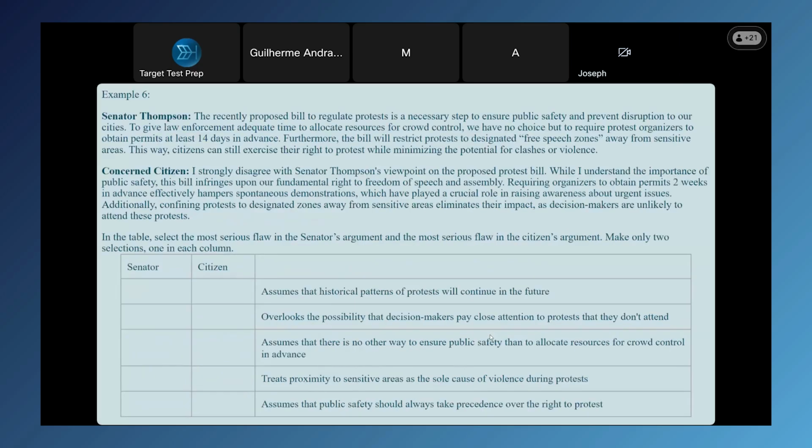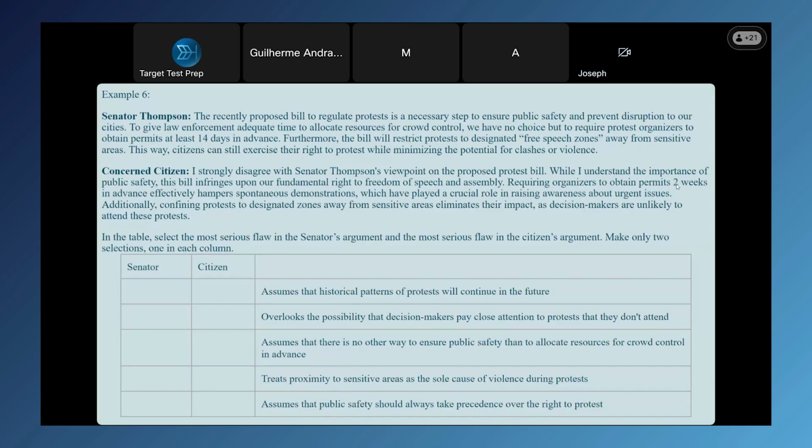Let's look here. A, let's start with the senator. A, assumes that historical patterns of protest will continue in the future. The senator does mention the past, I believe. Maybe not.